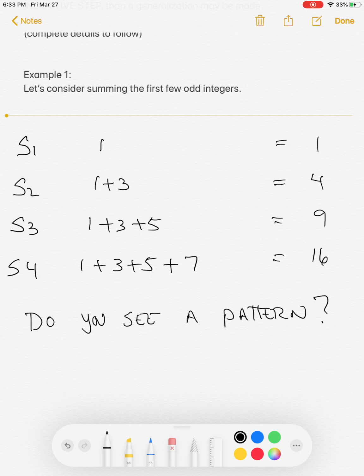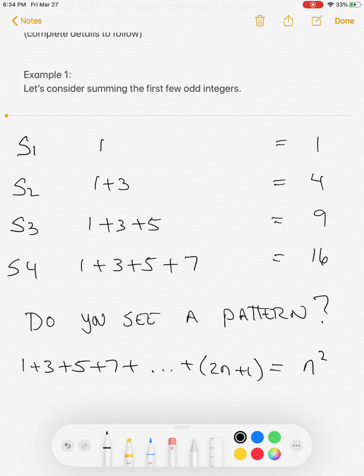If we consider summing up the first n odd integers, 1 plus 3 plus 5 plus 7 plus ... plus the generic nth odd integer, call that 2n plus 1, this equals n squared.